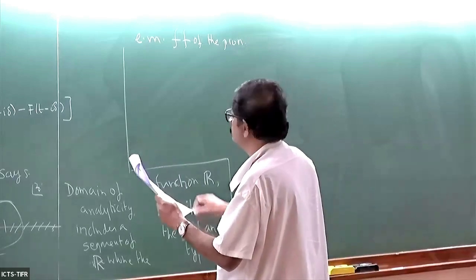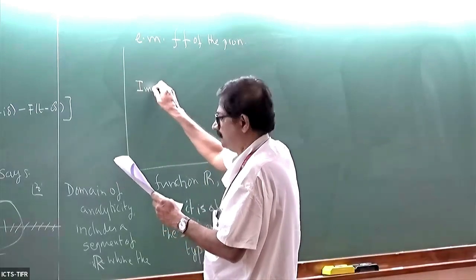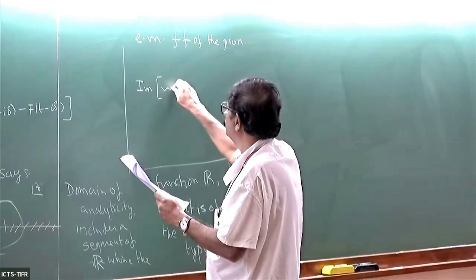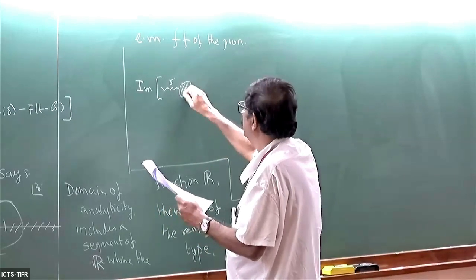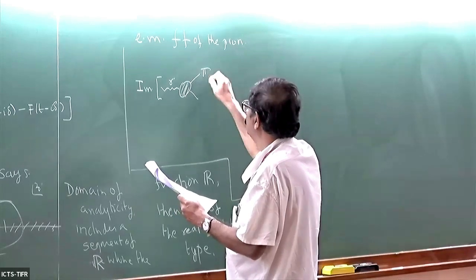So what we are interested in is the imaginary part of this process of photon blob like this producing a pi, okay?